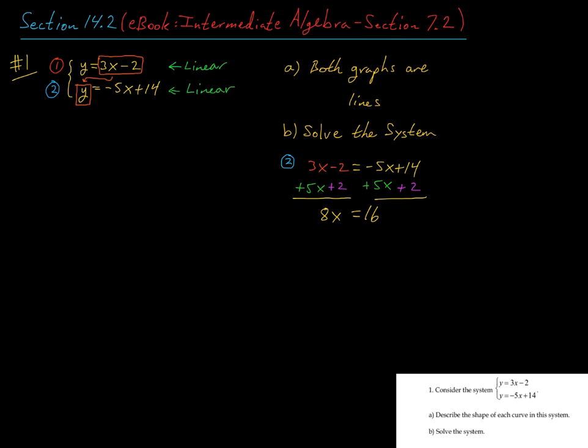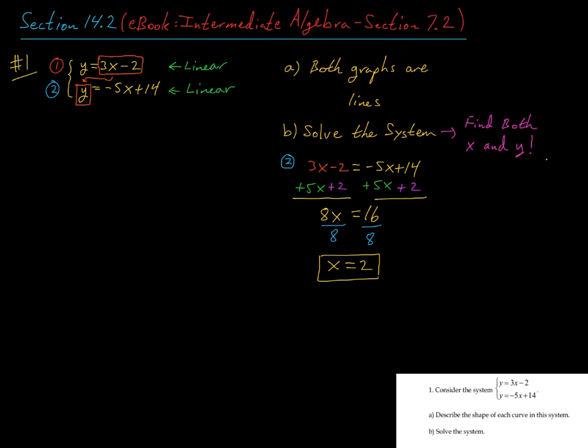And so finally dividing both sides by 8, we find that x is equal to 2. Okay, so that is the x value. But again, when it says to solve, we need to find both x and y.